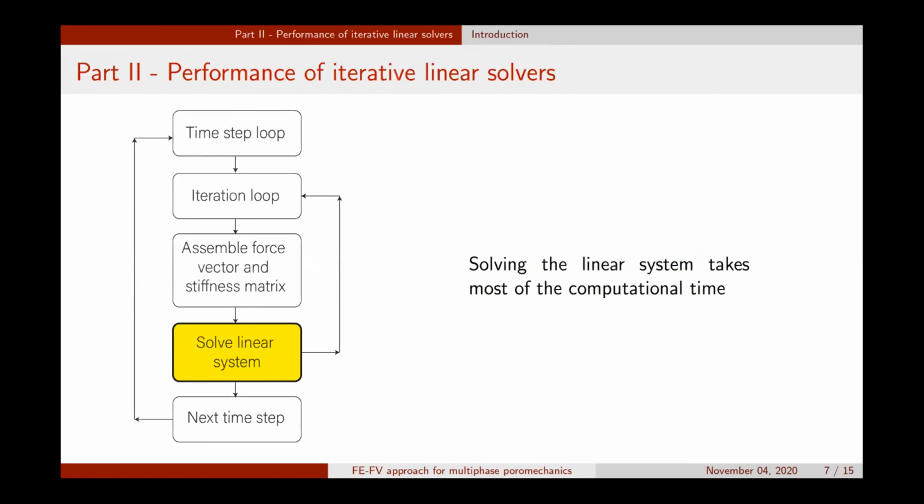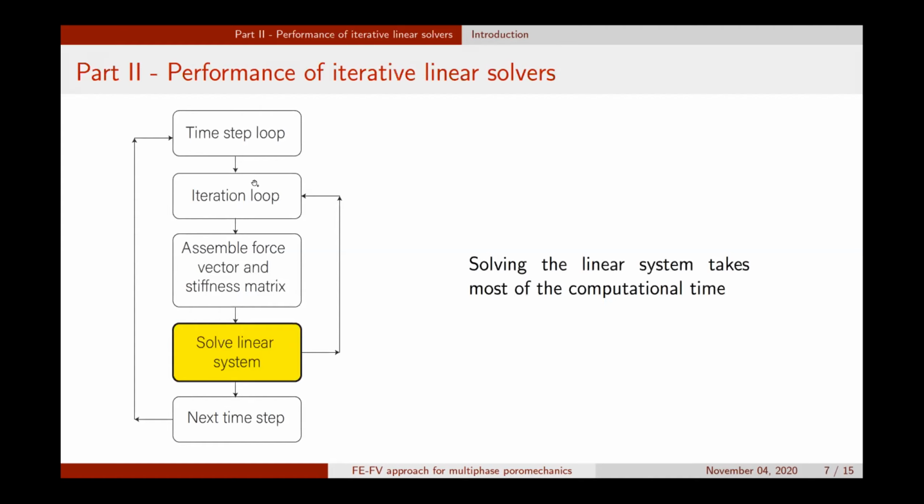The second part is related to the performance of iterative linear solvers. Solving the linear system of equations that arise takes most of the computational time. So let's look at where these linear systems of equations come from. Here is a basic setup for a nonlinear code.